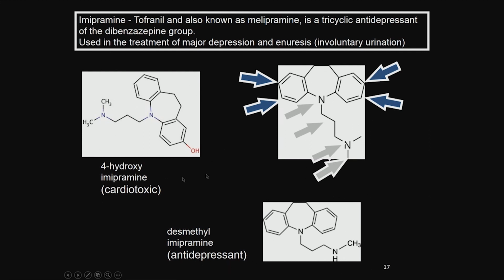So depending upon the type of biotransformation, you end up with a product which can have a totally different effect. There are many sites for biotransformation. You can have groups put in here like OH, or on this nitrogen, and groups can leave, or the methyl groups can leave. So the product can be completely different and give a totally different activity.